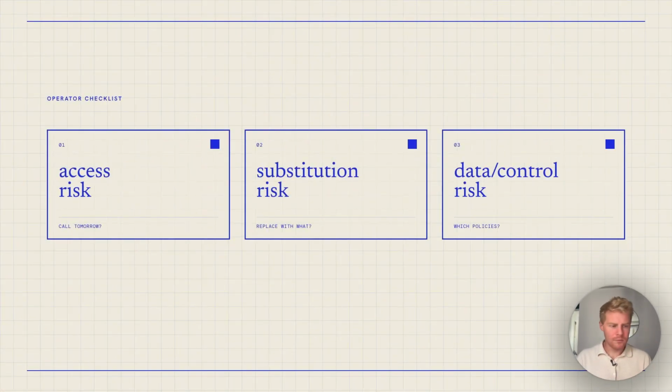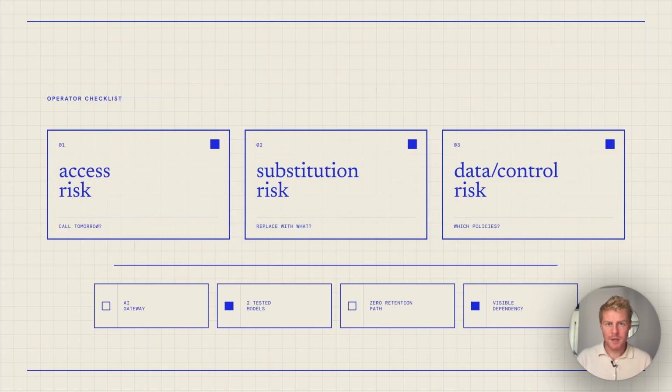But every serious AI operator and product builder should now check their access risk: can I call the model tomorrow? Substitution risk: what would I actually replace this with? And the data and control risk: which data policies and retention policies do these different providers and models offer me?